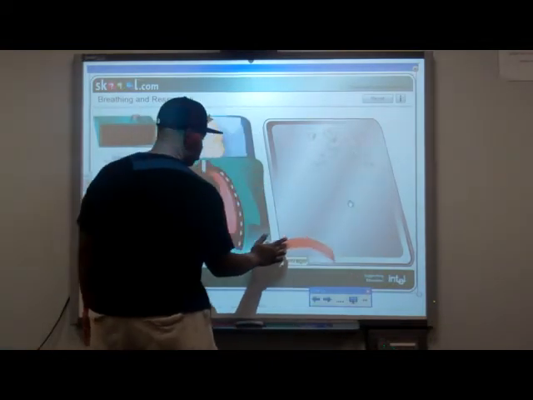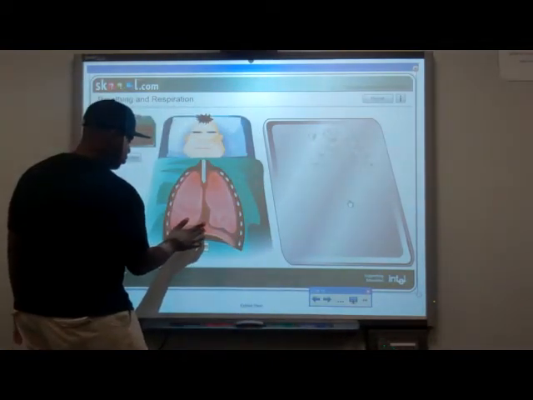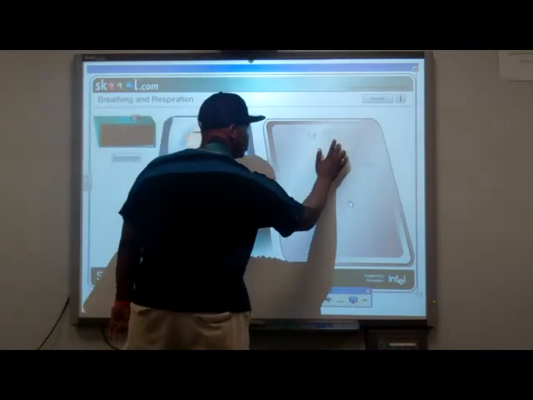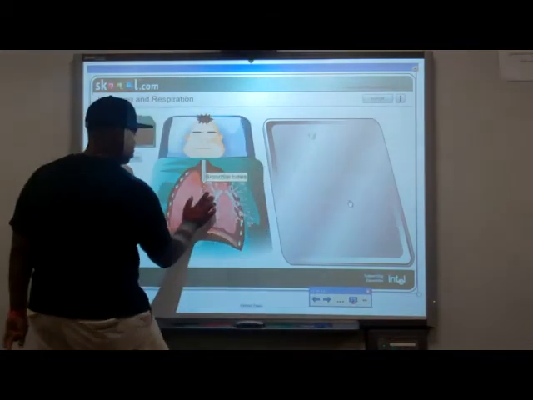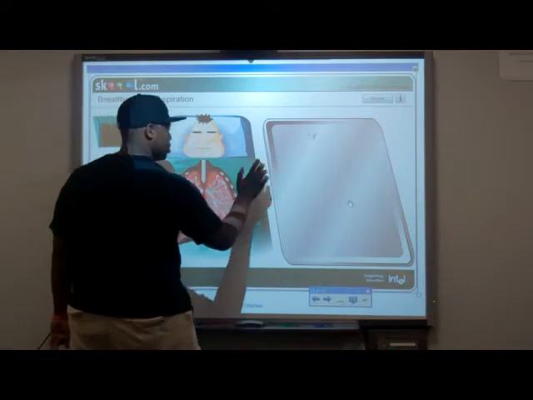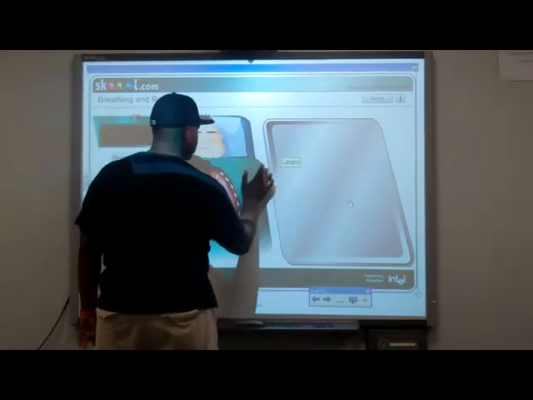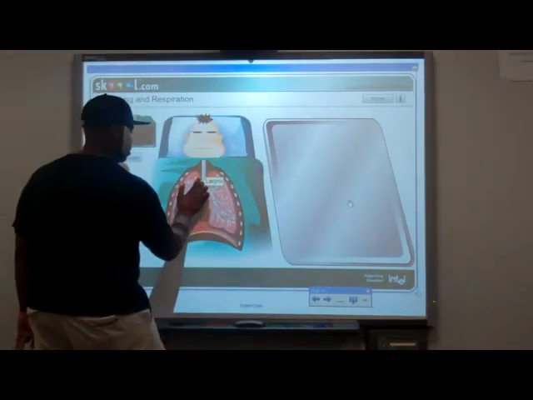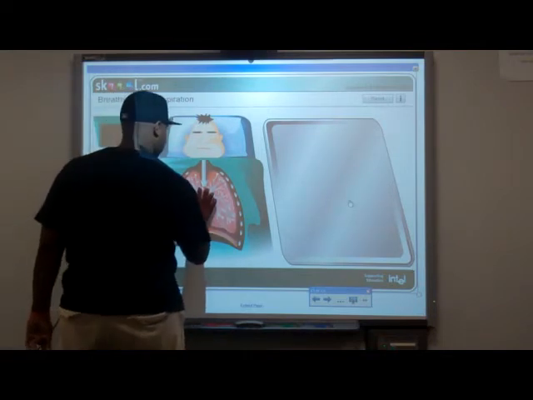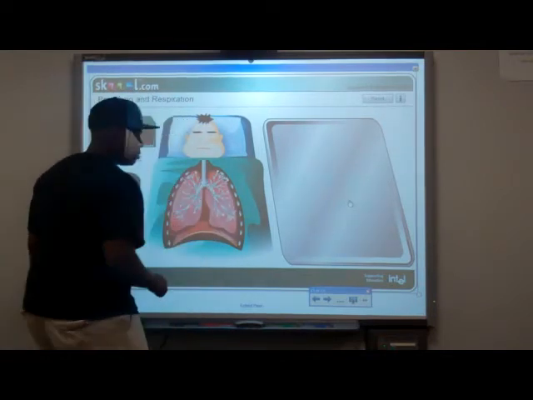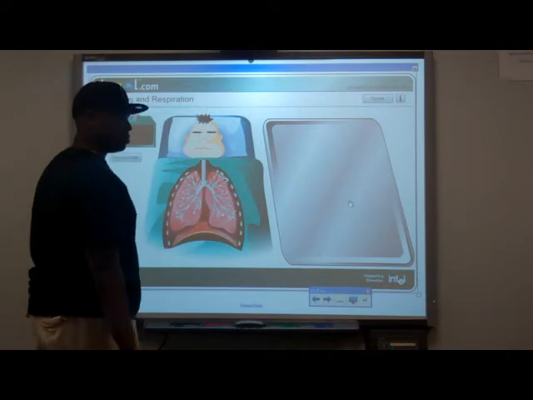The diaphragm goes right here. Tubes right here. And the larynx right there. Okay, guys, let's see if Kevin's right. Resuscitate.